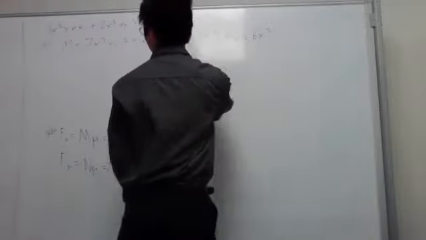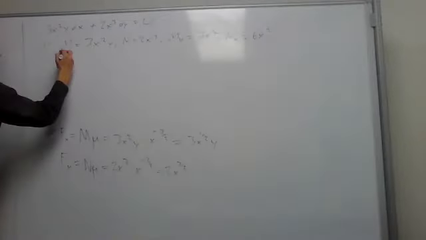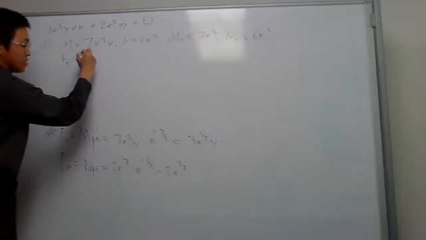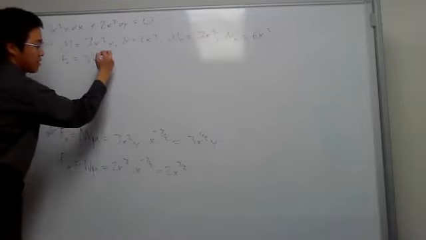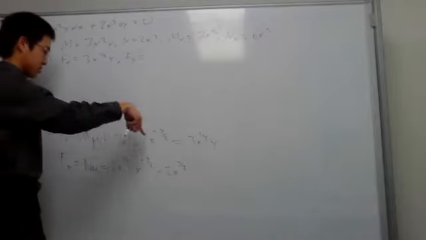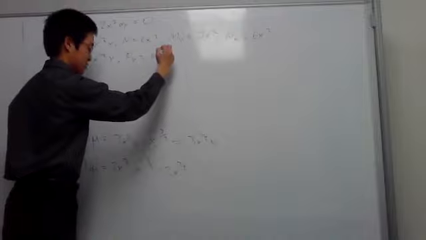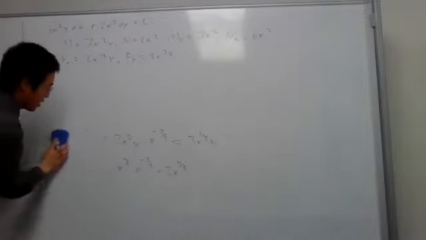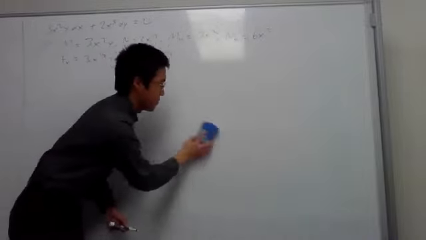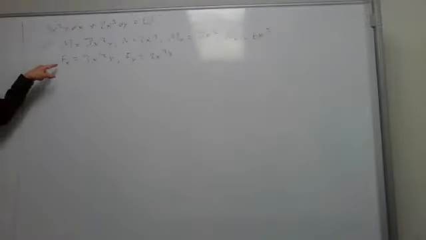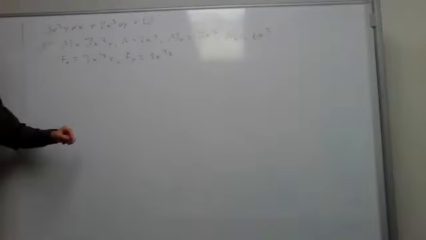So I'm going to add that f_x is equal to 3x/2 y, and that f_y is equal to 2x. Okay, there we go. Now I can just erase the bottom part, and so this is now transformed into an exact equation. We have an f_x and an f_y.